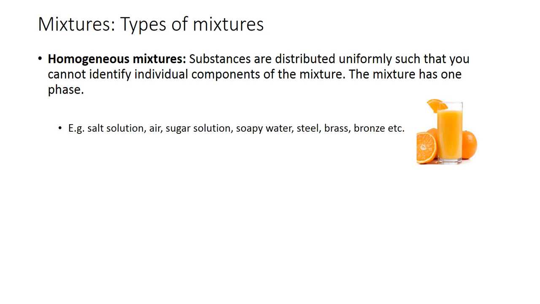Some examples of homogeneous mixtures, as I already said, we have salt solution, air, sugar solution, soapy water, steel, brass, and bronze. So we know air is made of nitrogen, oxygen, but it's difficult to say, oh, where is oxygen in air? Where is nitrogen in air?